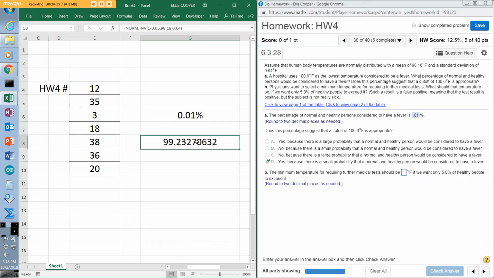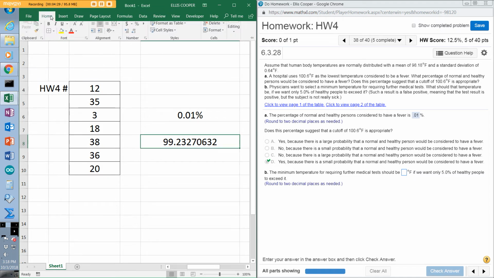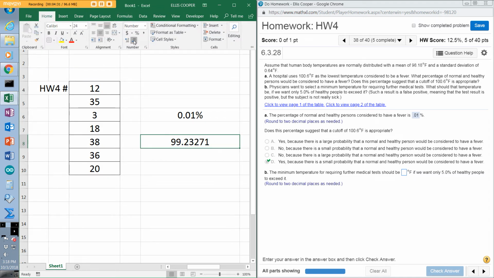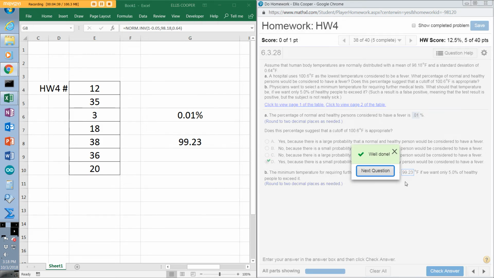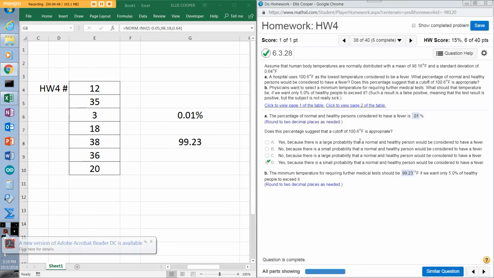And they want it to 2 places. So let's bounce this down to 2 places, 99.23. And that's the end of that question. Let's take a pause here. Okay, so that takes care of question 38, and we go to question 36.